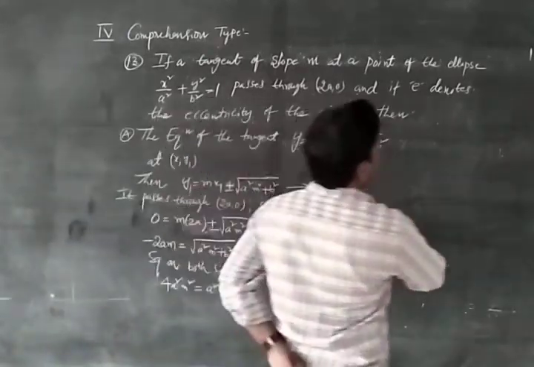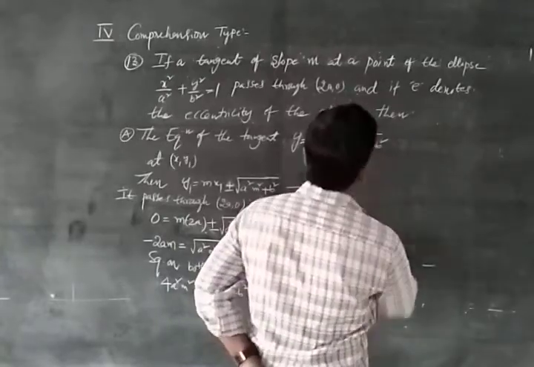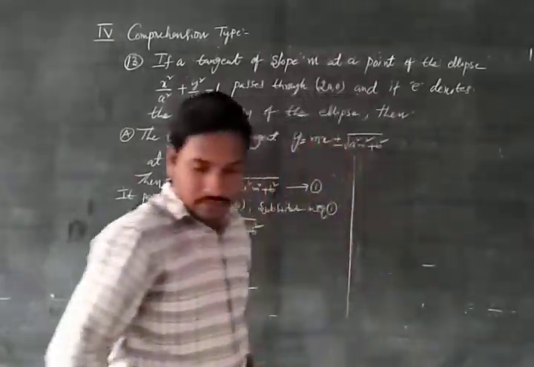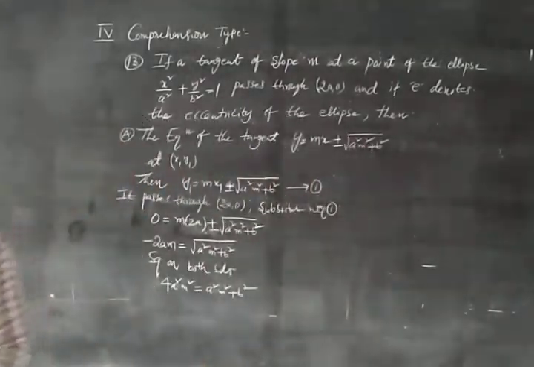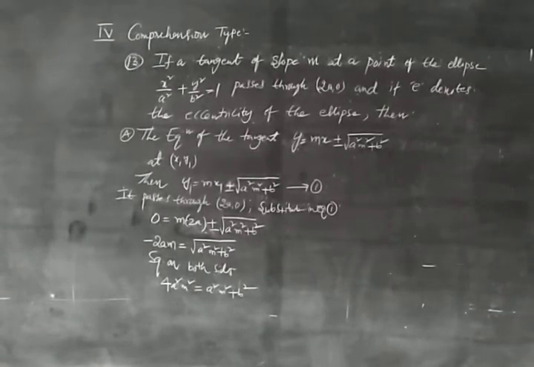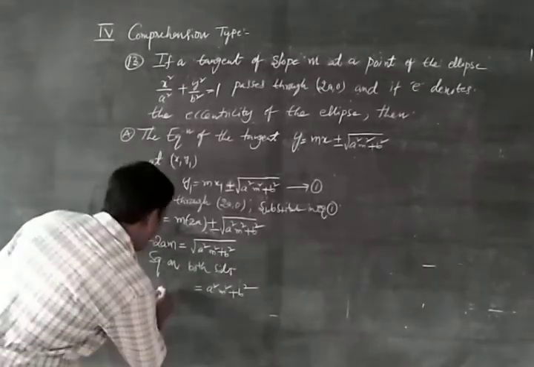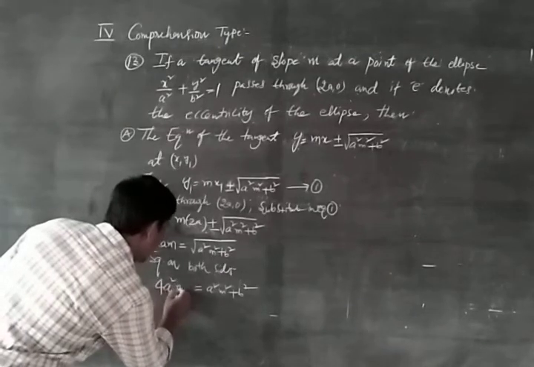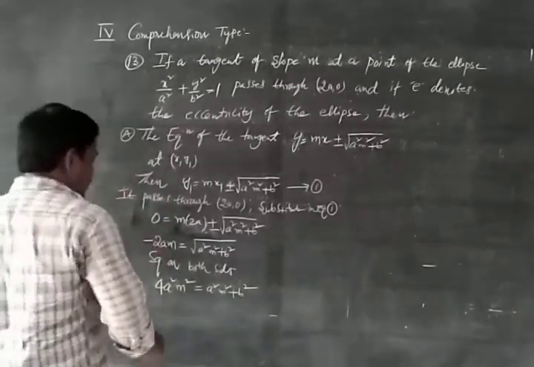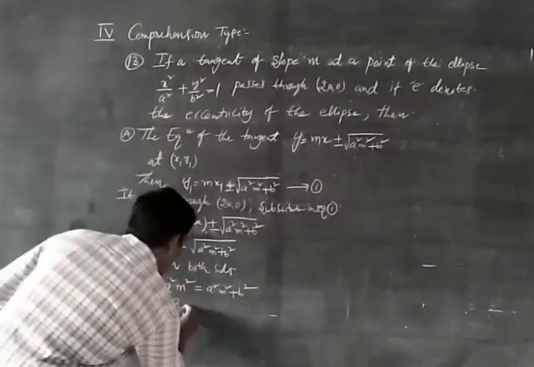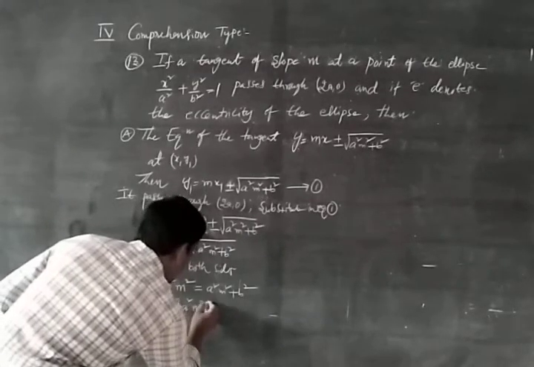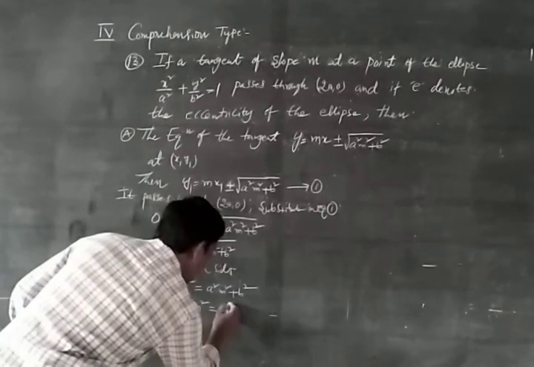Okay, by the transposition, 3a square m square equal to b square.